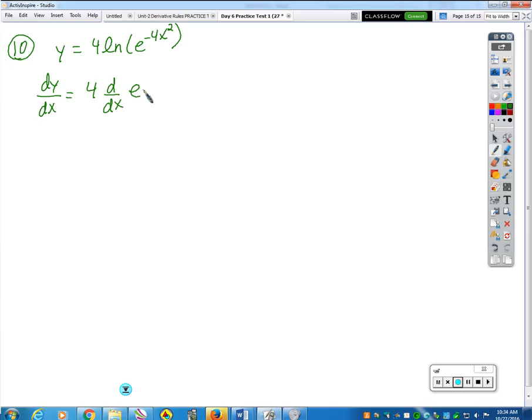Is it a multiplying constant, so it's not really needed inside of the derivative? I have a constant rule. You see that?